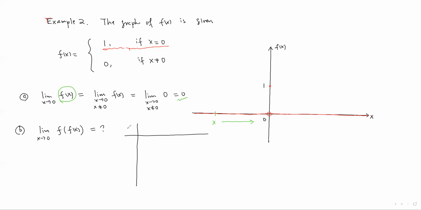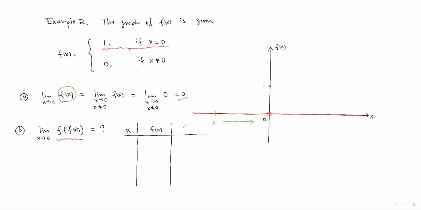The first column is the independent variable. The second column, because this function is a composite function, combining f twice together, let me put f of x first.